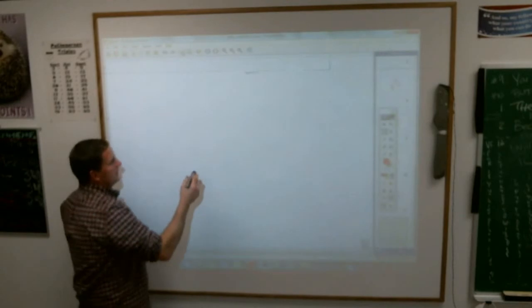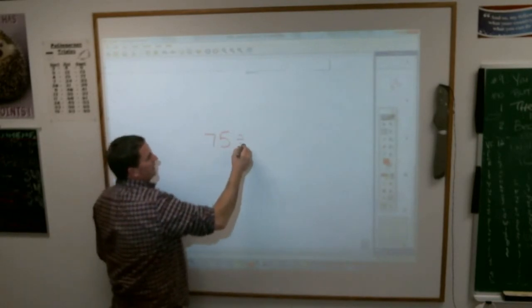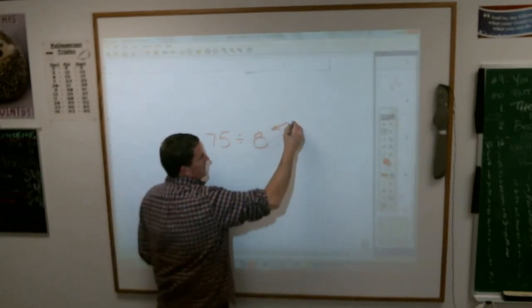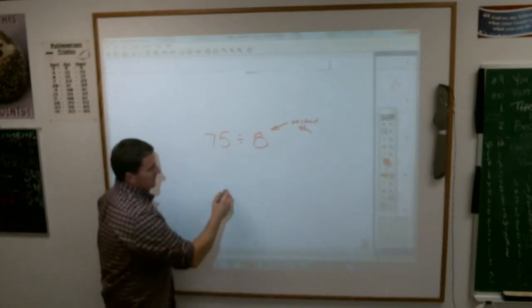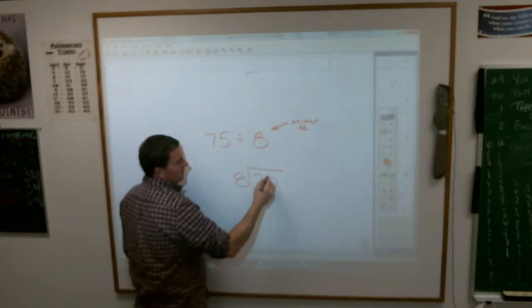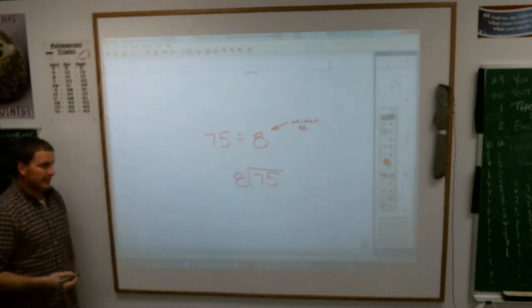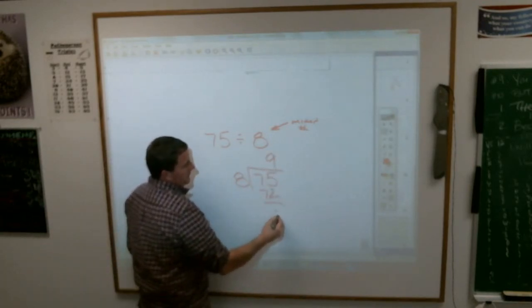How about this? 75 divided by 8. And again, the book will tell you to write it as a mixed number. So you take 8, divide it into 75. How many times will 8 go into 75? 9 times. So I'm left with a remainder of 3.